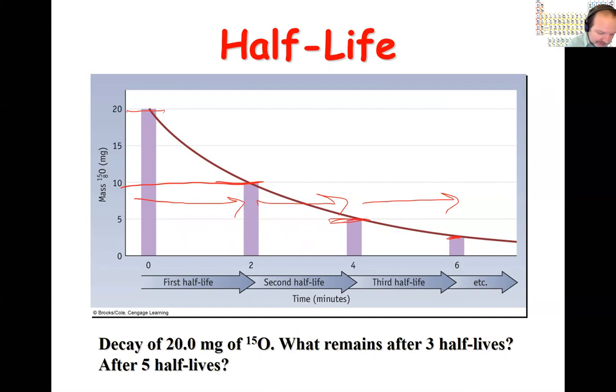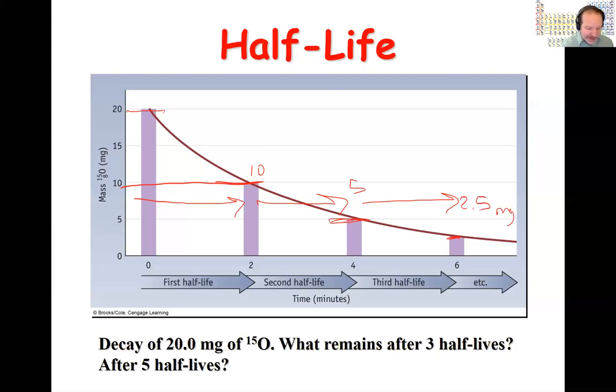Now overall, it's been 6 minutes to get all the way there, so we have to keep track of the total amount of time that's gone. So what remains after 3 half-lives? 1 would take you to 10, 2 would take you to 5, and 3 would take you to 2.5 milligrams. And then we could keep going.